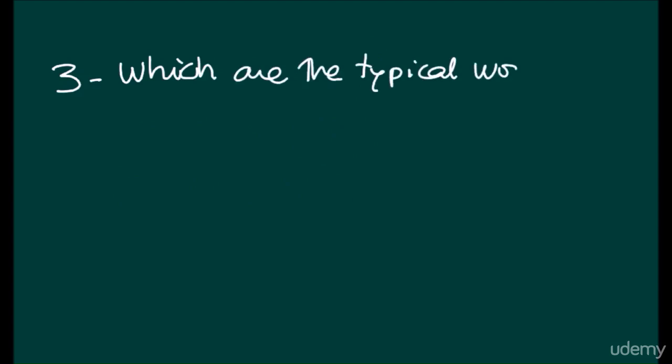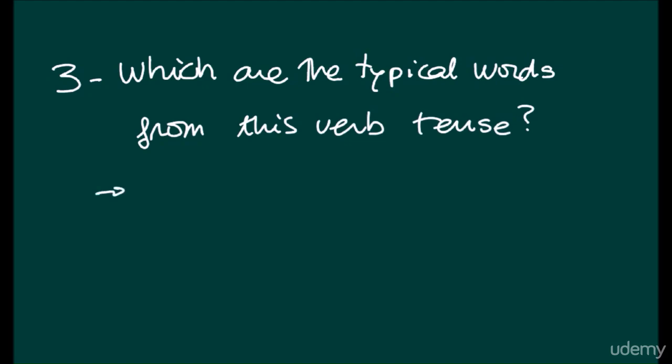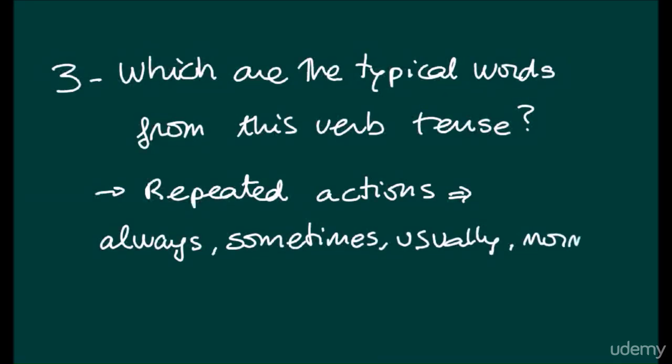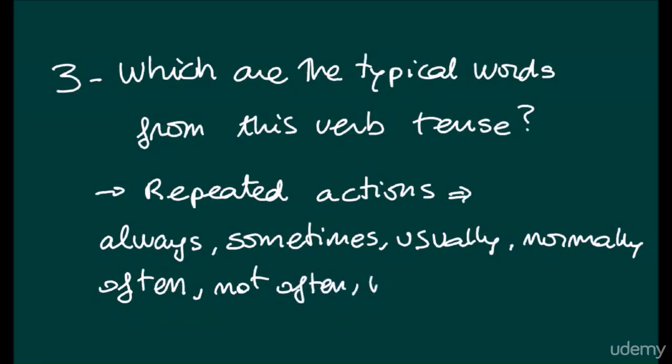And 3. Which are the typical words from this verb tense? As we use the present simple to tell actions that are repeated, the typical words of the present simple are the words that tell us an action is repeated, like always, sometimes, usually, normally, often, not often, hardly ever, never.